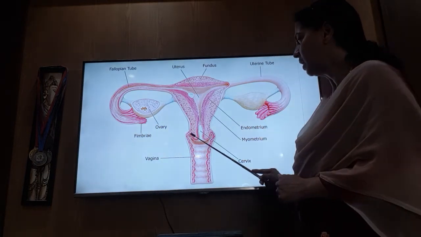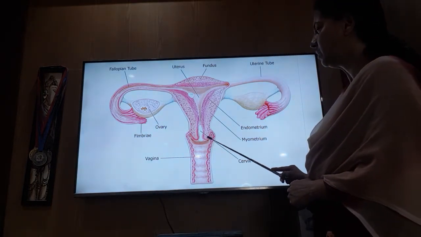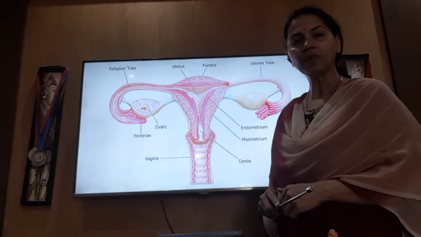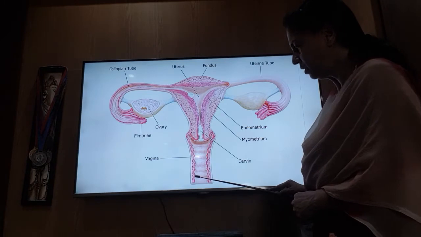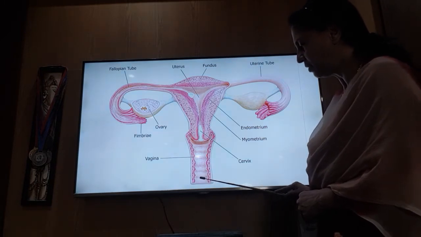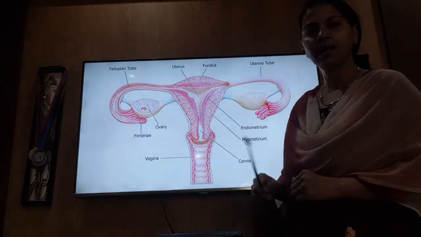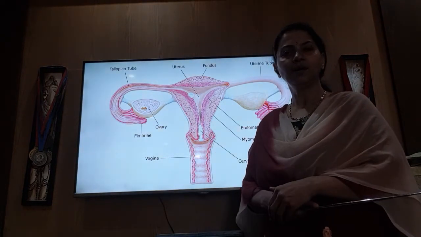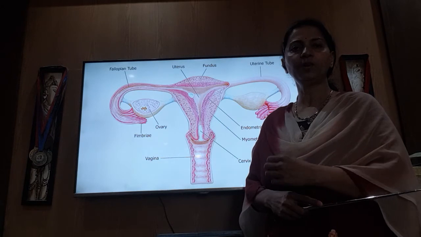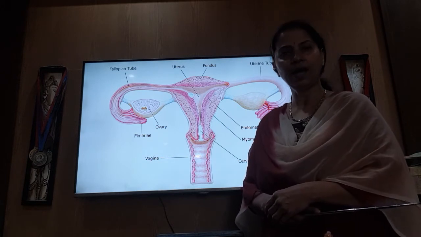So the upper end is 5 centimeters in diameter. In the lower region, this muscular fold that you see, exaggerated from all sides, at the lower opening of the vagina is called the hymen.